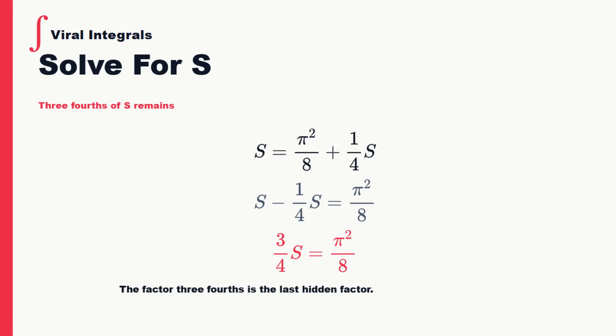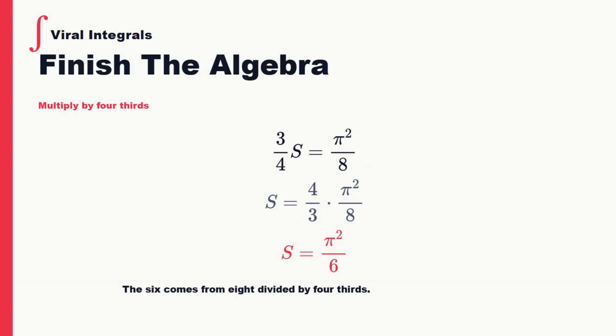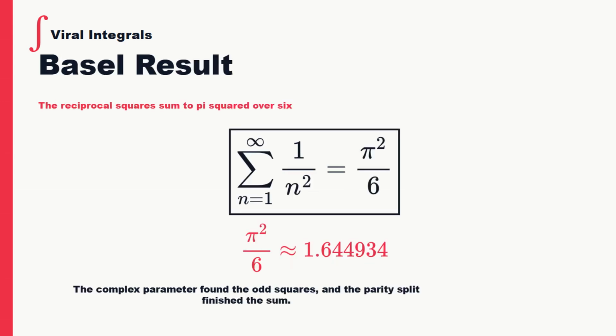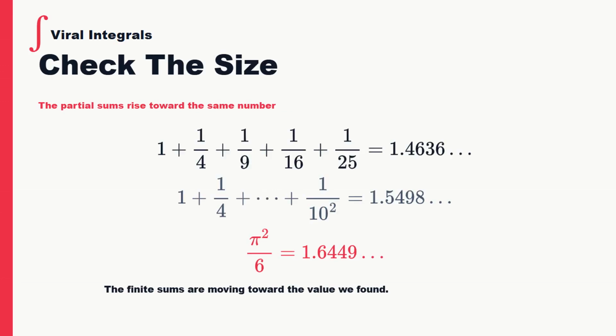That means that 3/4 of our sum is pi squared over 8. So since 3/4 of our sum is pi squared over 8, our sum is pi squared over 6. And that gives the Basel result. The sum of the reciprocals of the squares is pi squared over 6. And just a quick check will confirm that.